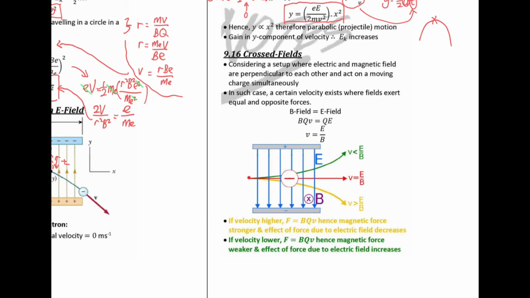So there will be three situations here, if the moving charge is a negative charge as written here. The first situation is where it will move in a straight line. It moves in a straight line when the electric force is equal to the magnetic force.